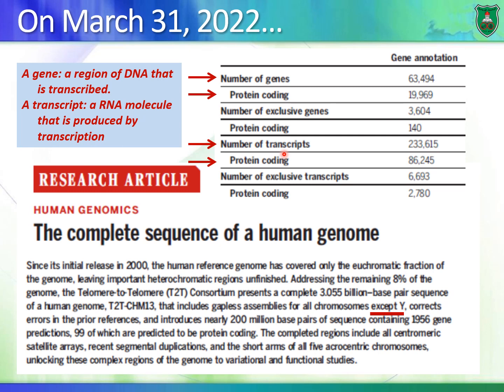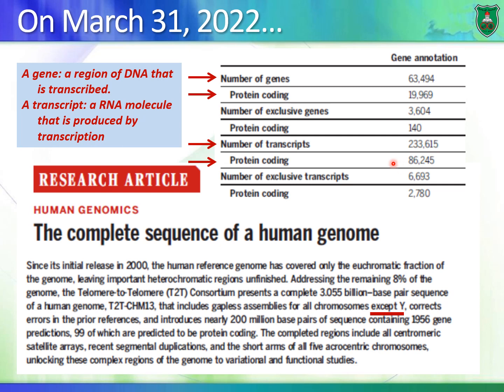That is RNA molecules. The number of RNA molecules that are produced from the 63,000 genes is 233,000 different RNA molecules. About 86% of those are protein coding, in other words, messenger RNA.